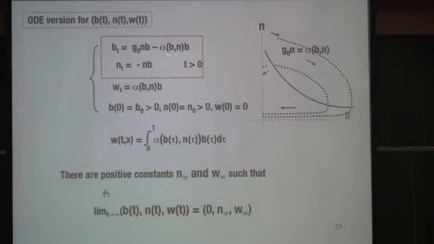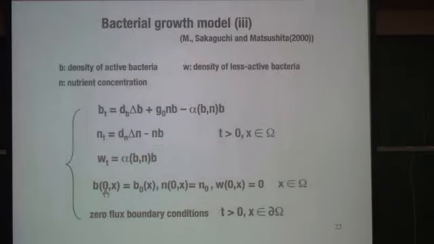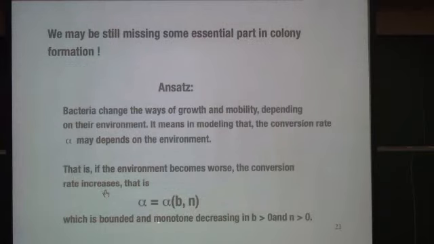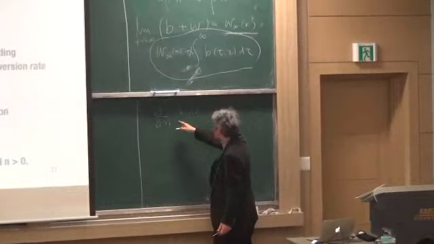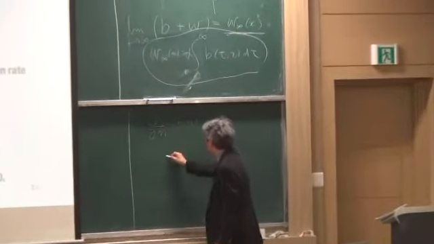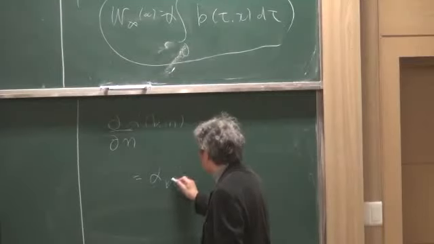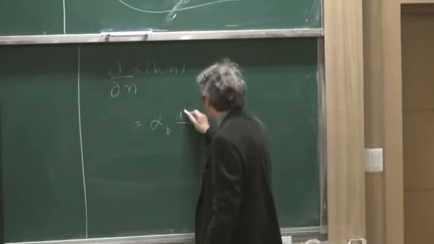But in this case, alpha is bounded and monotone decreasing in B and N. So let's say alpha(B, N), and we differentiate with respect to N. This means alpha_B dB/dN.